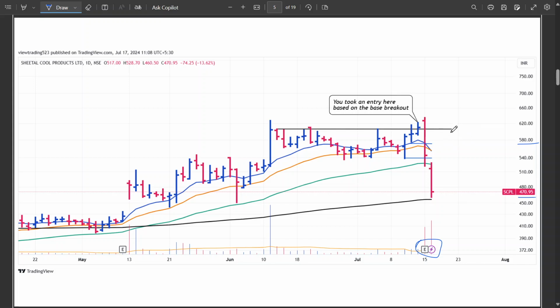You'll be waiting, if this stock comes back to 615, I'll book the position, right? That would be the point of no profit and no loss. That is the basic beginner mistake that everybody makes. Even I made this simple mistake in the beginning, right? That's why we have something called a stop loss. It is simply a point where you have decided that you'll be taking the loss, right?